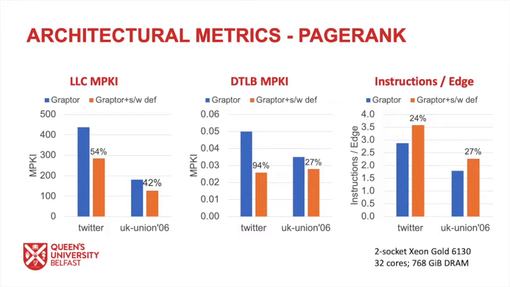We, however, have to pay a penalty, and that is the cost of the conversion code. These results apply to the PageRank problem, where I've shown the conversion code, in which we have 2 additional one-cycle instructions to convert a 16-bit pattern to a floating point number. In this case, the number of instructions that we execute per edge already increases by 24% and 27%.